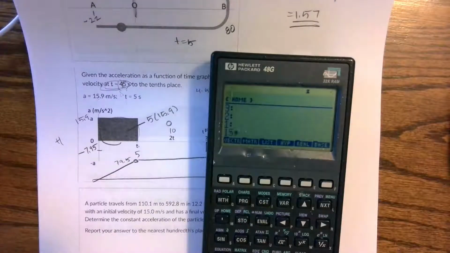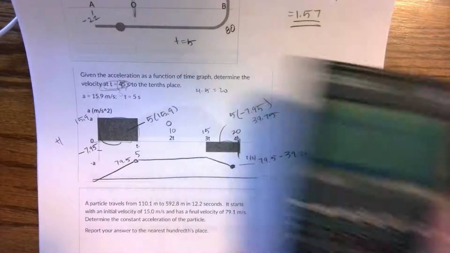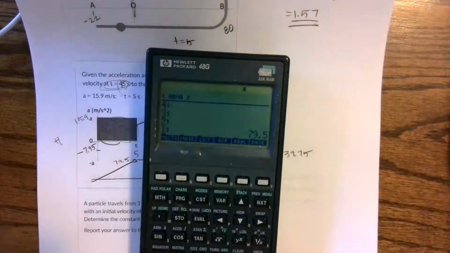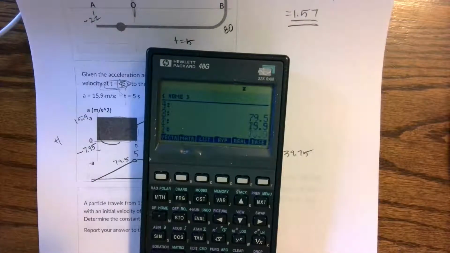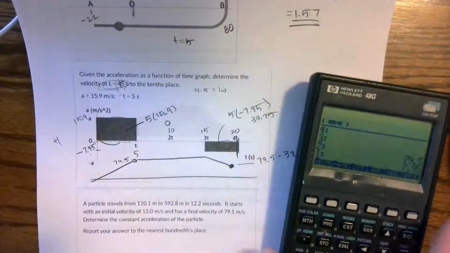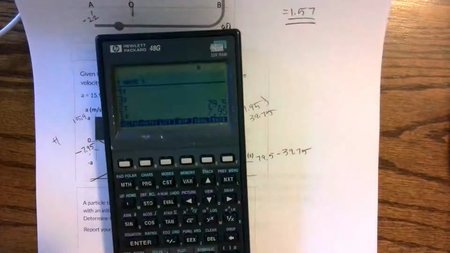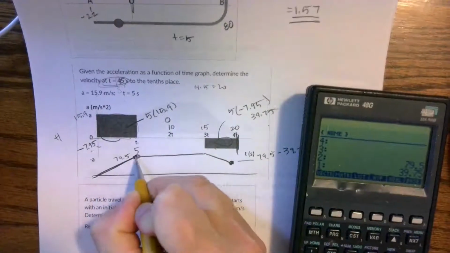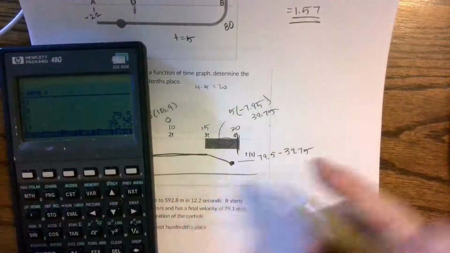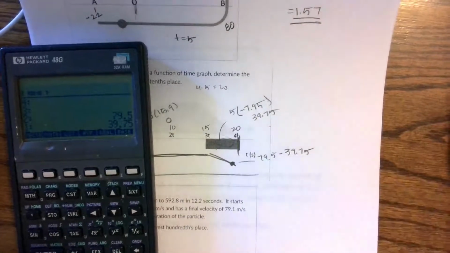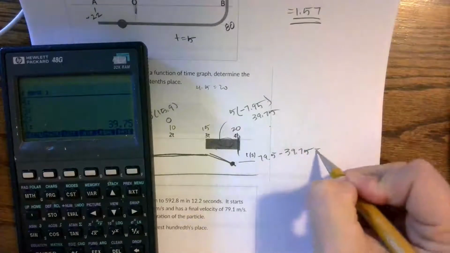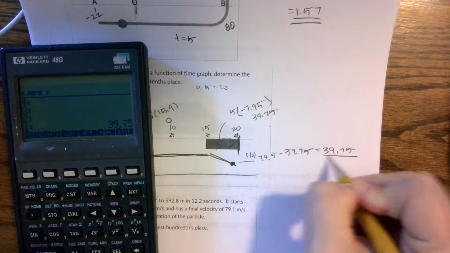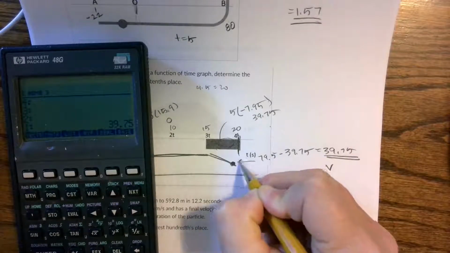So 15.9 times 5 is 79.5. 15.9 divided by 2 is 7.95. 7.95 times 5 is 39.75. So I should go up to 79.5, constant velocity, and then I'm going to subtract off this area, and I get 39.75. So that would be my velocity at that point.